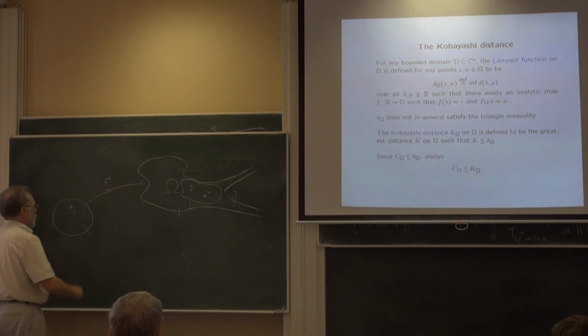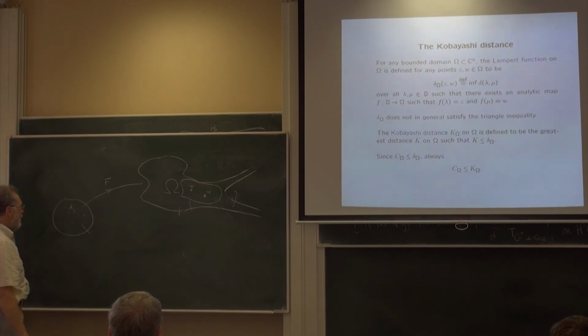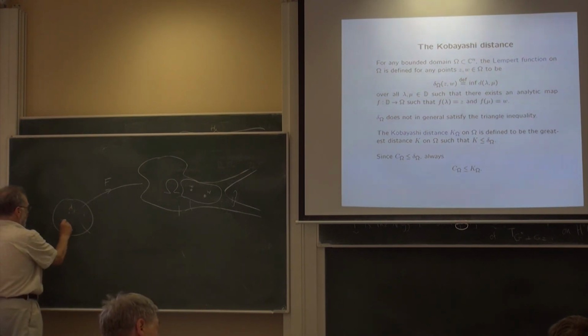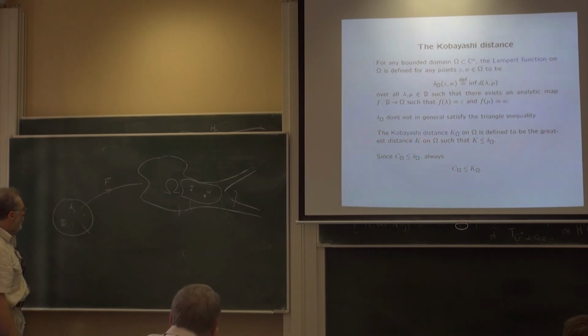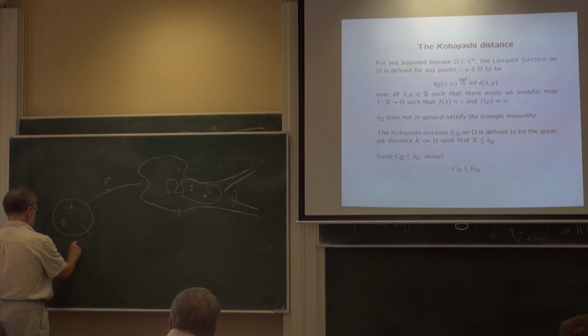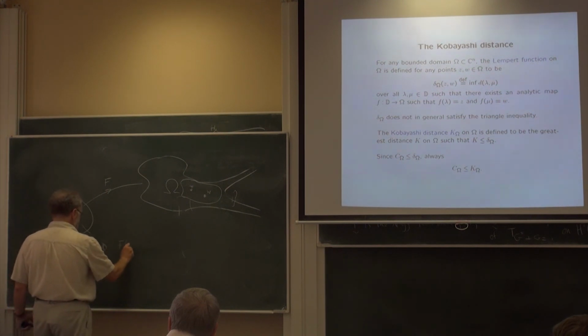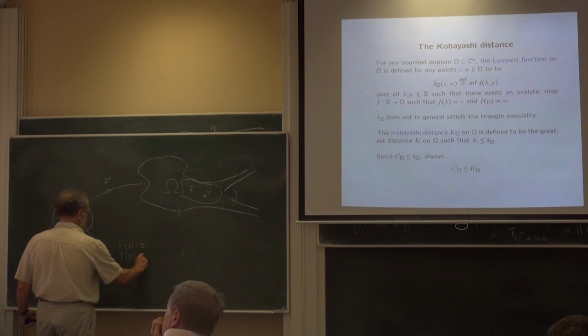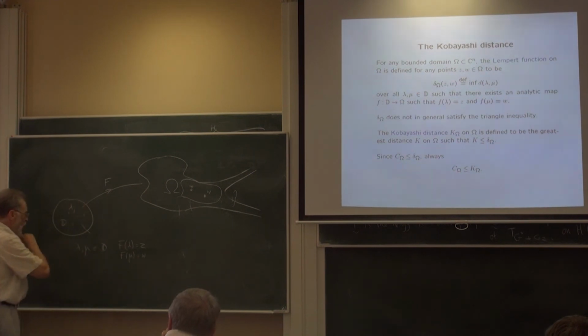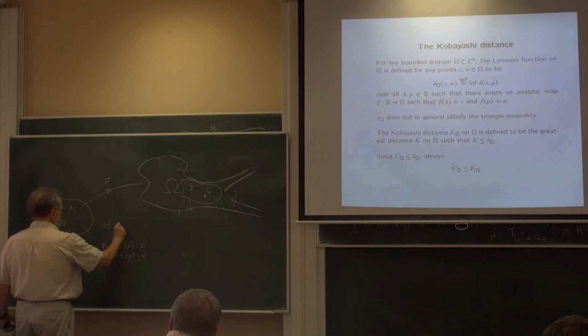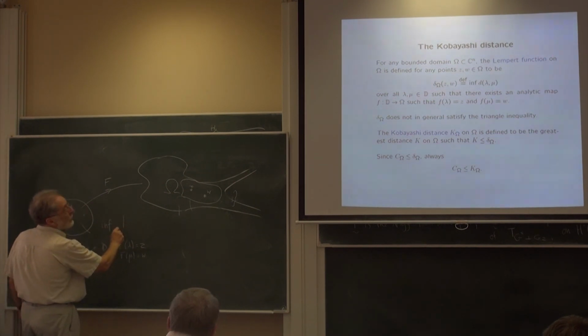So you look at all maps, say capital F, from the disk into omega, and you look at the lambda and mu in the disk, such that f of lambda equals z and f of mu equals w, and then you take the infimum of the hyperbolic distance.